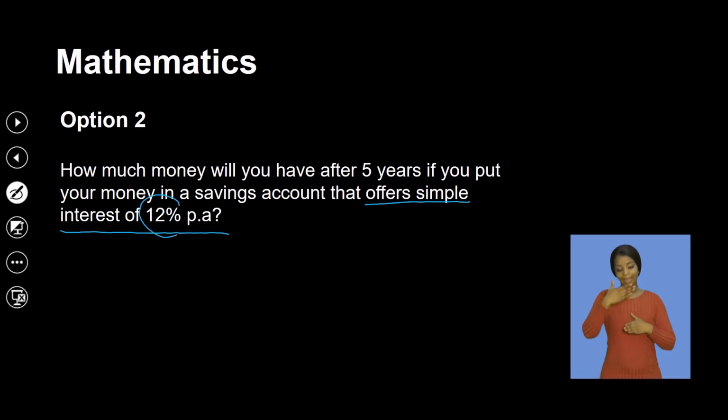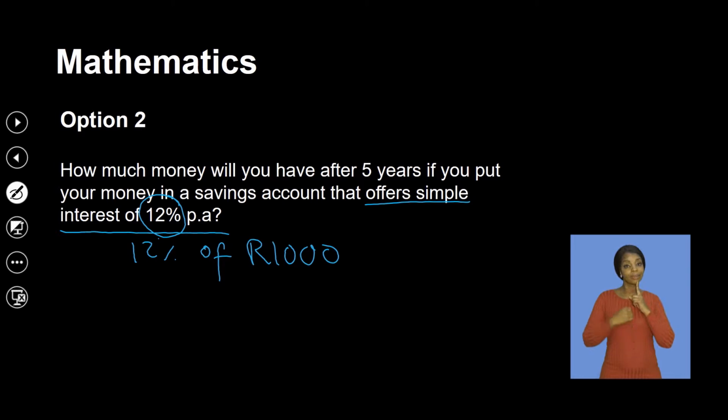So it means for the first year, I'm going to get 12% of 1,000 rand, because that's the initial amount that I actually saved. So I will look at what is my 12% of the 1,000 rand that I've actually saved in the bank. And this will be what? 12 over 100 multiplied by the 1,000.